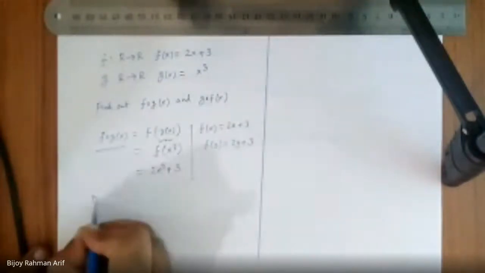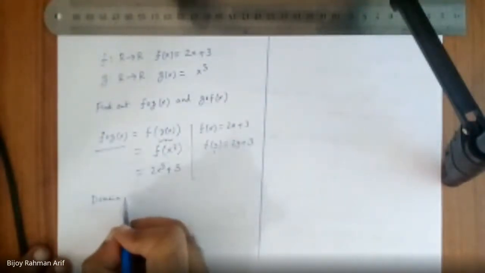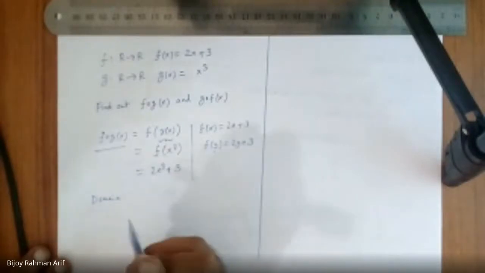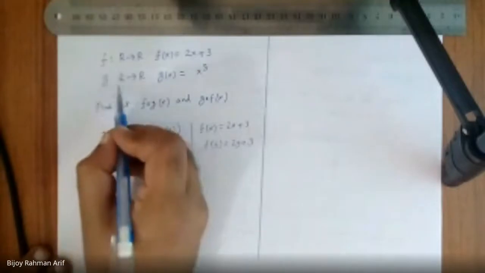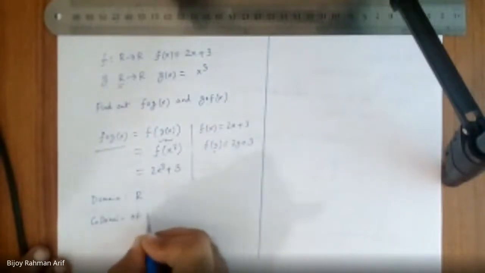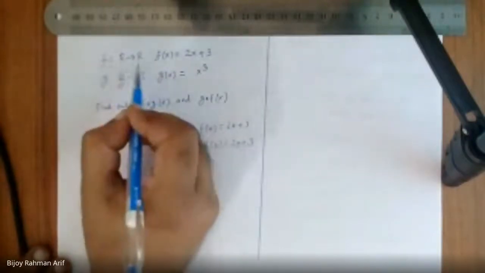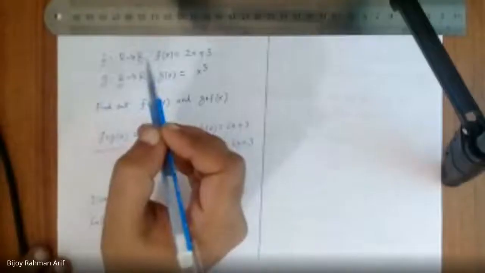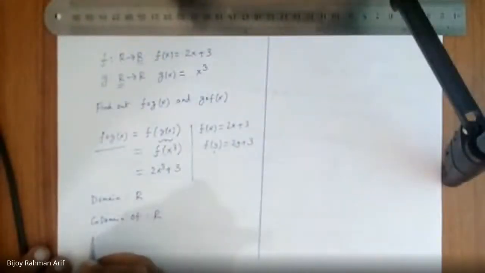Now, what is the domain of this function? All real numbers. What is the domain of f of g? The domain of f of g is nothing but the domain of g, which is R. What is the codomain of f of g? The codomain of f of g is nothing but the codomain of f, which is R. Now, what is actually the range of this function?